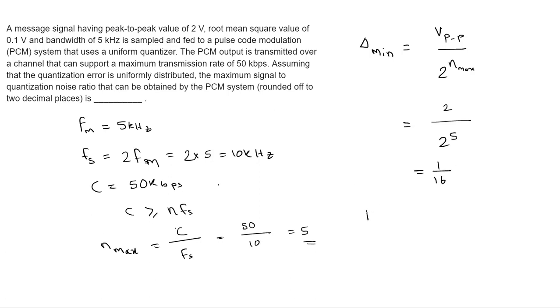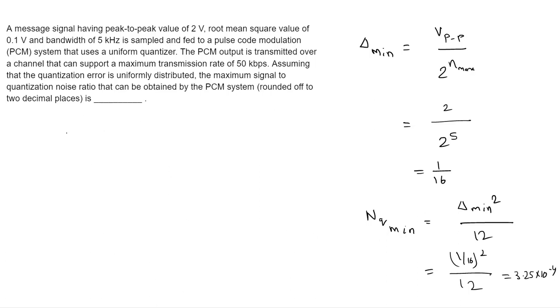Now the minimum quantization noise power comes out to be delta min square by 12, and that is (1 by 16) whole square by 12. So that is 3.25 into 10 to the power minus 4.